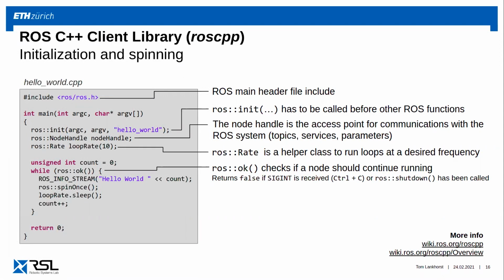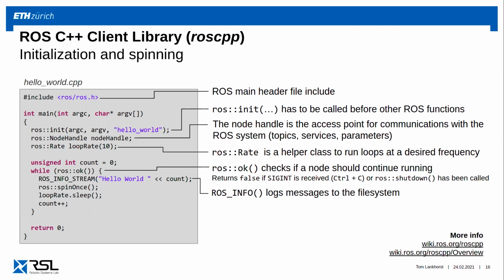But whenever a fatal error occurs, or another node in the network requests your node to stop, or the user wants to stop the node by pressing, for example, Ctrl+C, it will return false. So effectively, it's a guard that makes your node stop whenever the ROS network requests so.